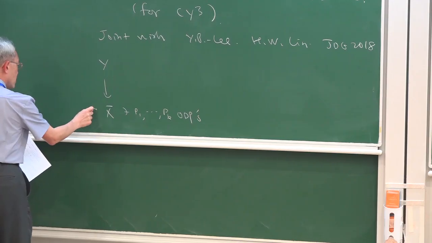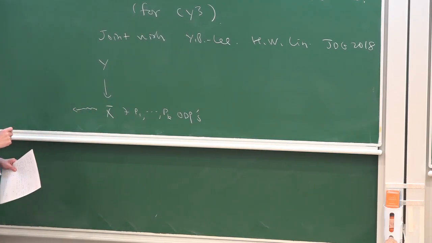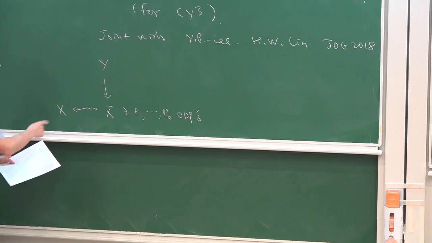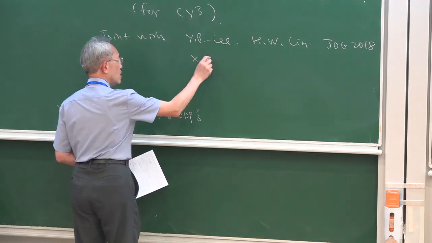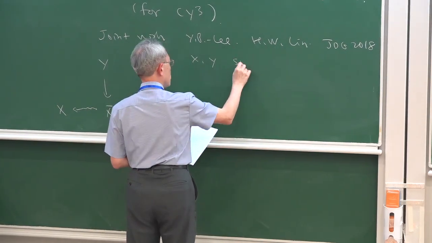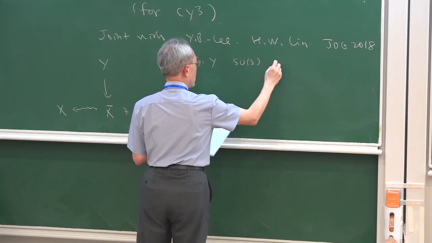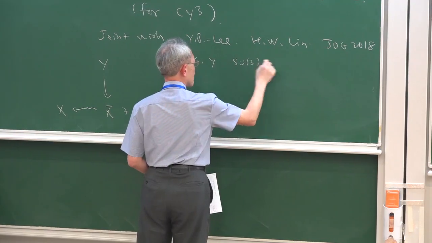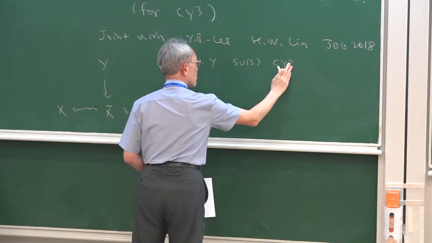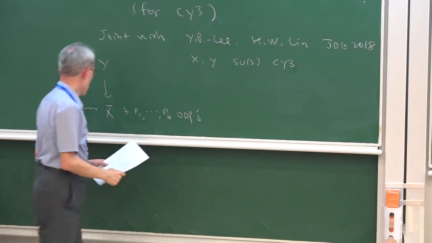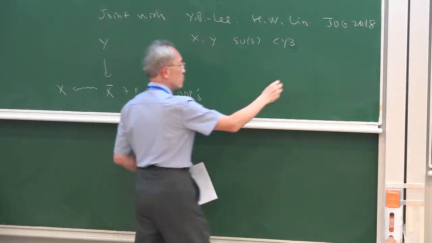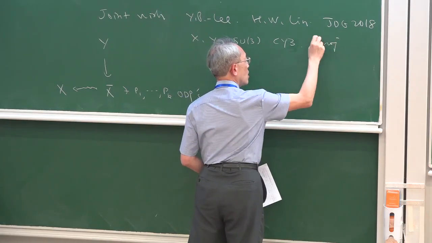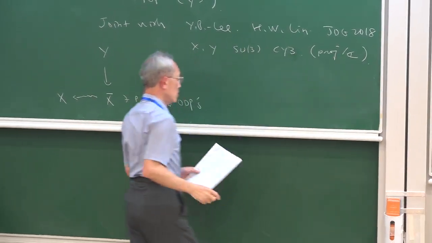Suppose you can smooth this singularity to another Calabi-Yau, and we call this process a transition. Here X and Y are SU(3) Calabi-Yau threefolds, and we'll work only in projective cases over complex numbers.